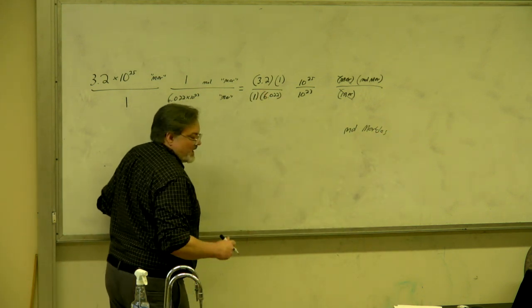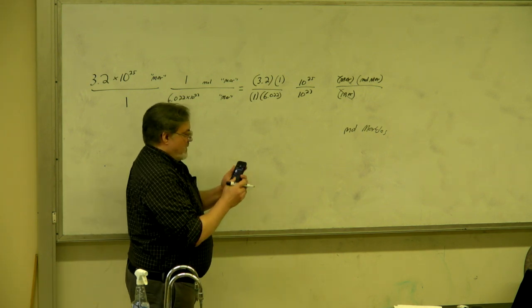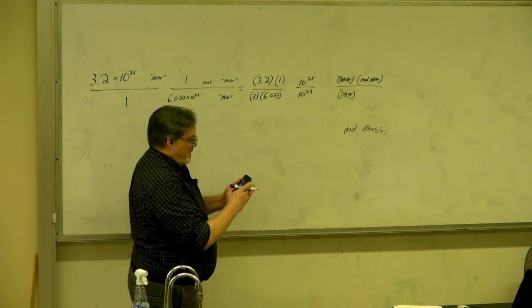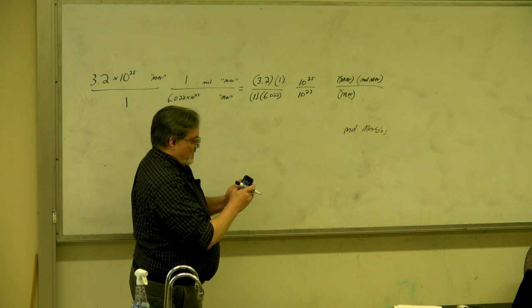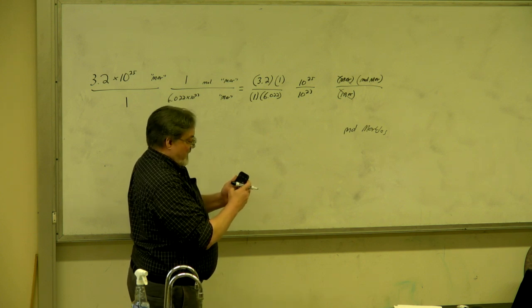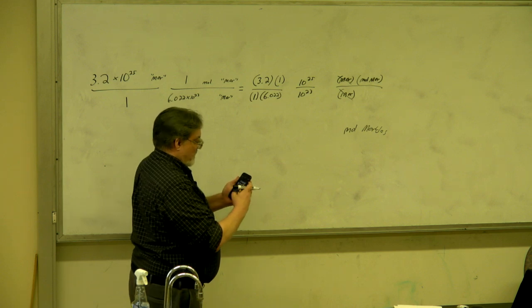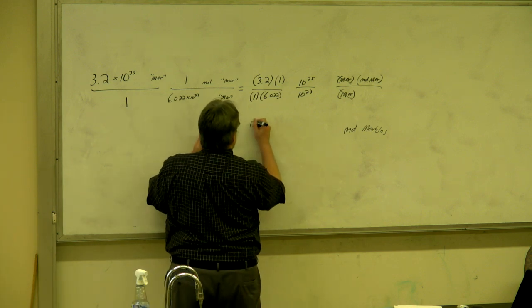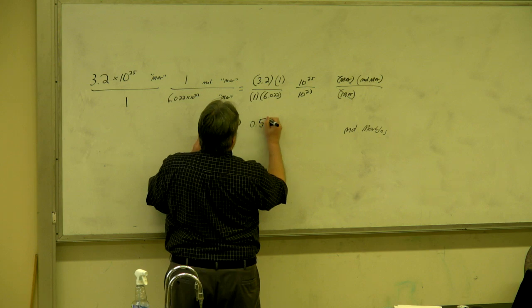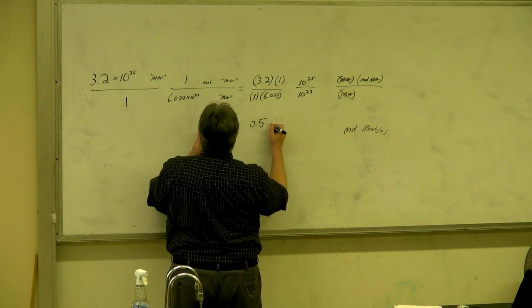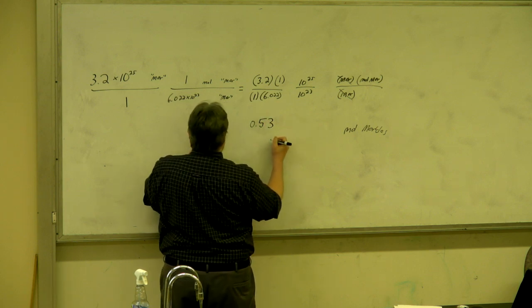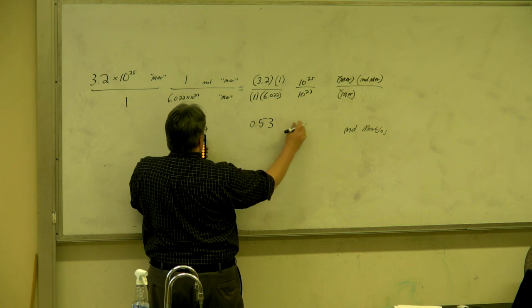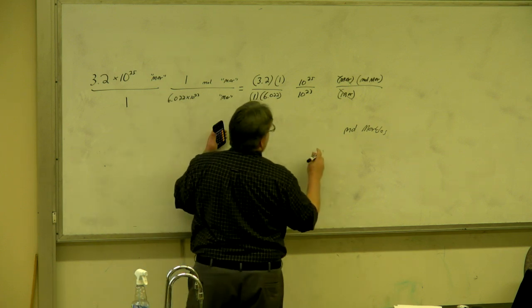This I would do with my calculator: 3.2 divided by 6.022. Two significant figures, so I'm going to stop there. My calculator has 0.53138, whatever, but I'm going to stop there.